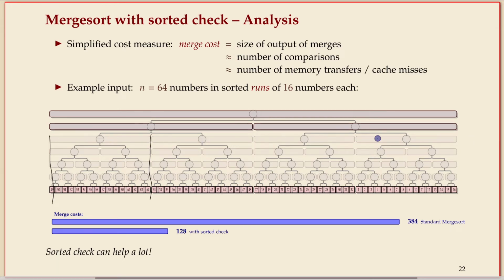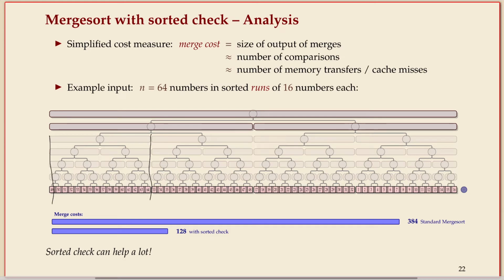So all of these, I grayed out the bar because there's no merging happening. So in terms of merge cost, all these recursive calls are for free. In terms of comparisons, they're not exactly for free, but they wouldn't cost n log n, they would cost n minus 1. So merge cost, again, ignores this, so it's a little easier to keep numbers.